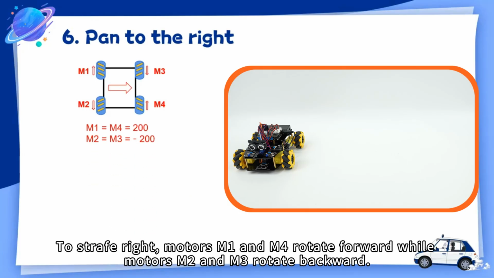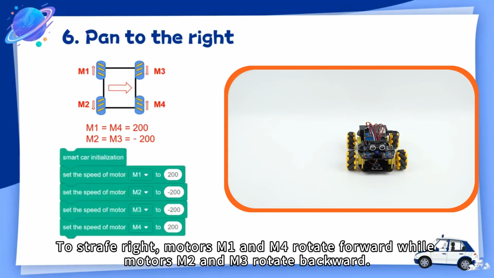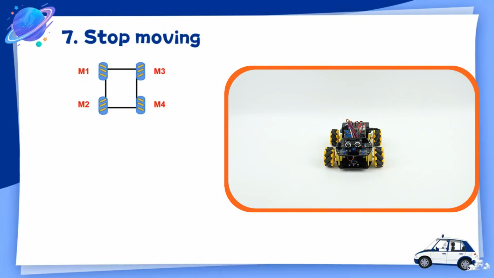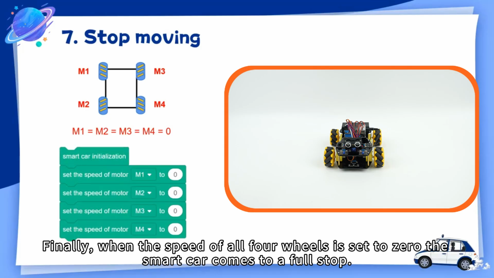To strafe right, motors M1 and M4 rotate forward, while motors M2 and M3 rotate backward. Finally, when the speed of all 4 wheels is set to 0, the smart car comes to a full stop.